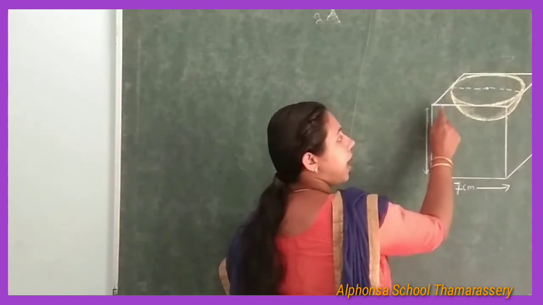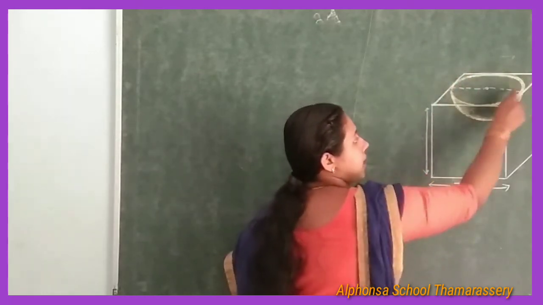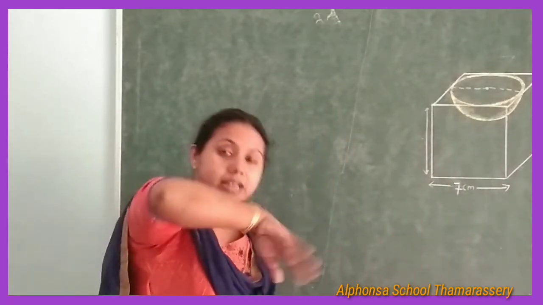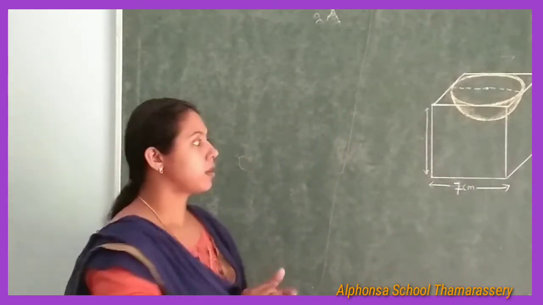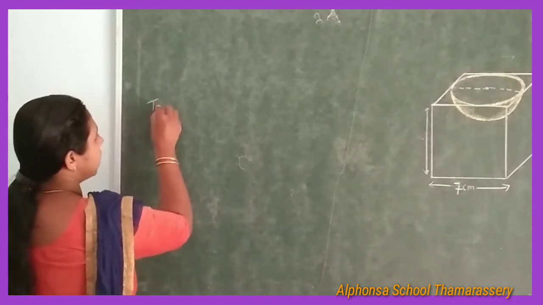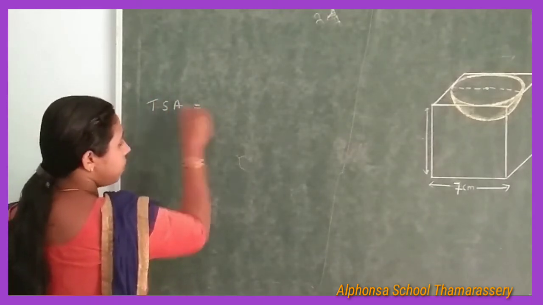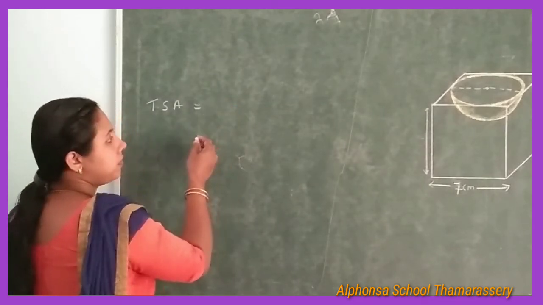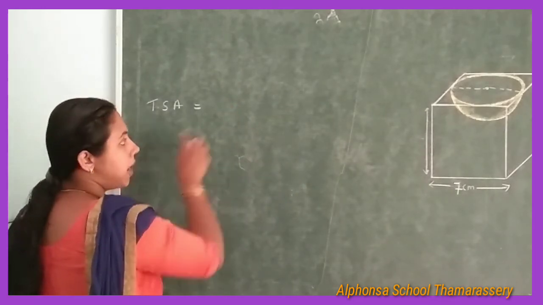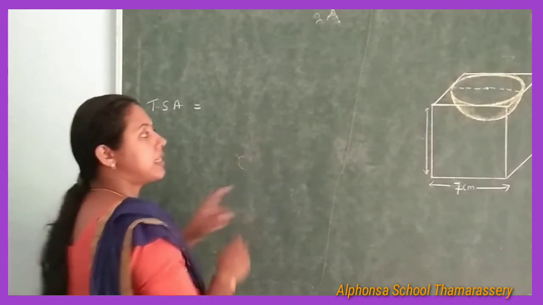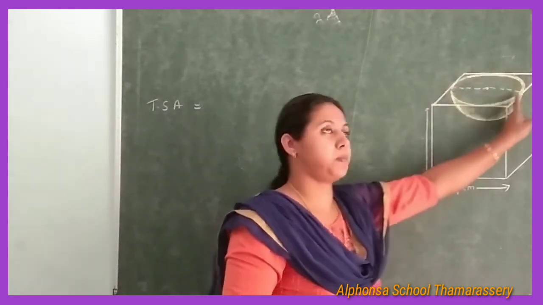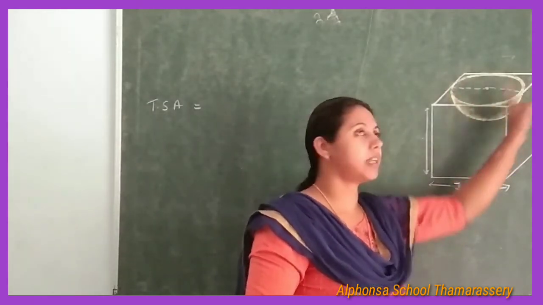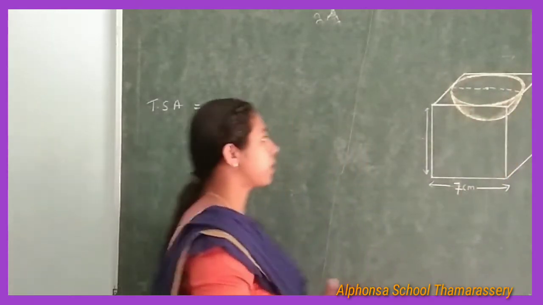We need to find the area of these four corners plus these five faces area and the inner curved surface of hemisphere. So total surface area of the remaining solid is equal to total surface area of cube minus base area of the hemisphere plus inner curved surface area of the hemisphere.